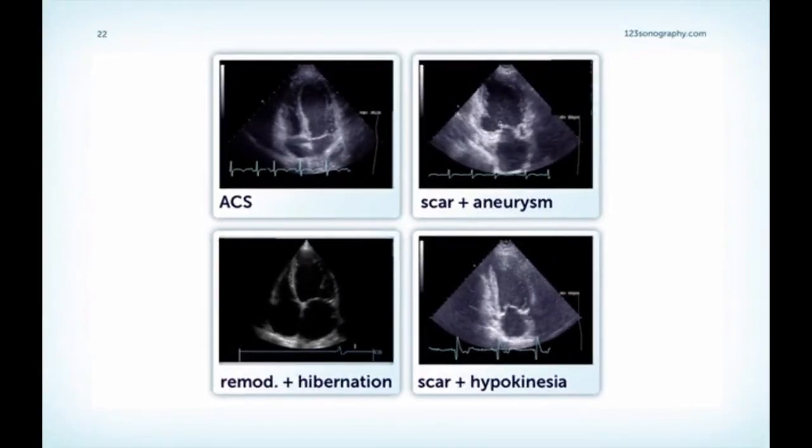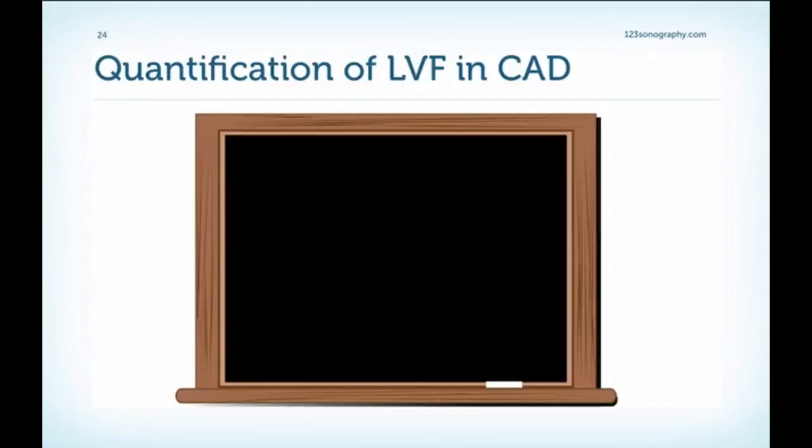So the key message here is that the echocardiogram provides very valuable information. If you put this together with the clinical information you have, it can really help you in managing patients with coronary artery disease.